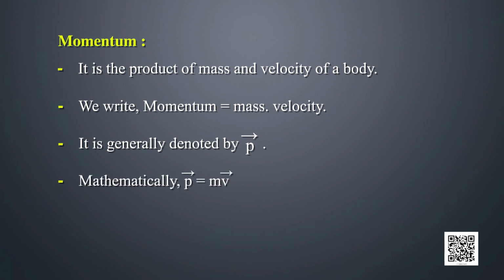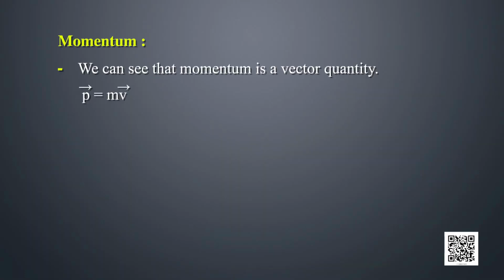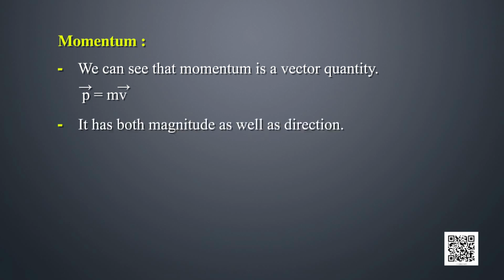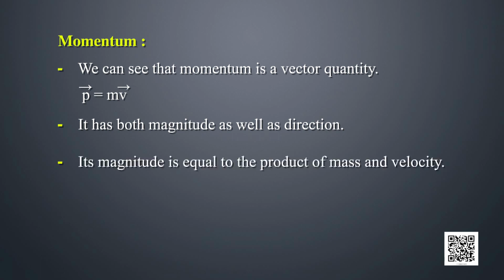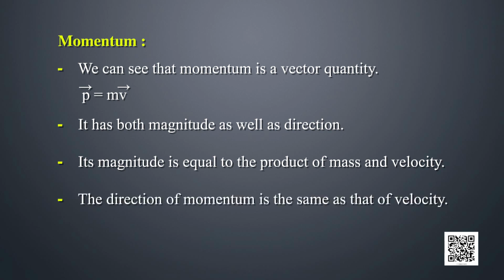Mathematically, vector P, or the momentum, is m into vector v. Remember that it measures the quantity of motion present in a body. We can see that it is a vector quantity along the direction of the velocity. It has both magnitude as well as direction, with magnitude equal to the product of mass and velocity, and the direction same as that of velocity.